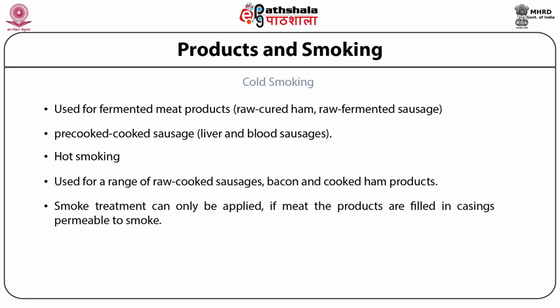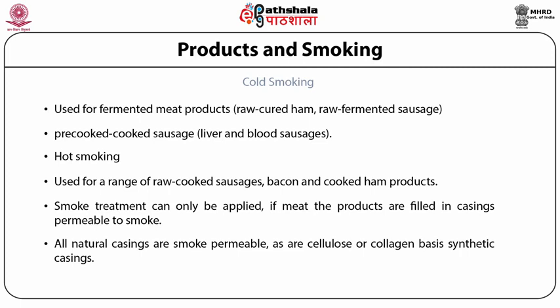Smoke treatment can only be applied if meat products are filled in casings permeable to smoke. All natural casings are smoke permeable, as are cellulose or collagen based synthetic casings. Smoke permeable casings can also be treated using a new technology where a liquid smoke solution is applied on the surface.